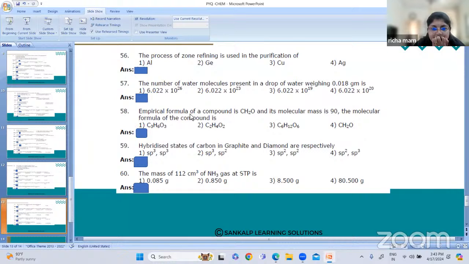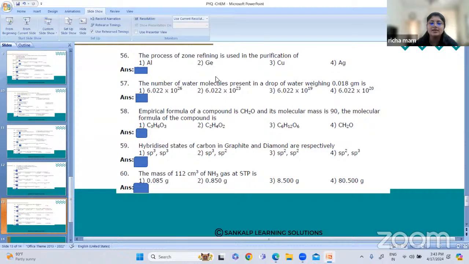58th one. Empirical formula of a compound is CH2O and its molecular mass is 90. The molecular formula of the compound is. So we have solved such problems in our regular class, when we were solving some basic concepts of chemistry.